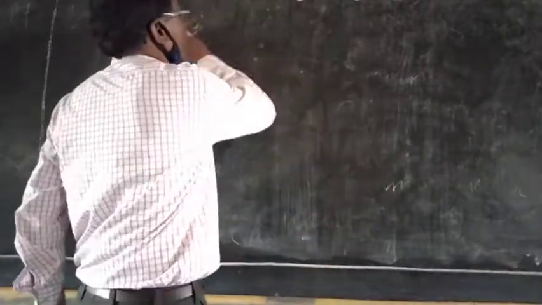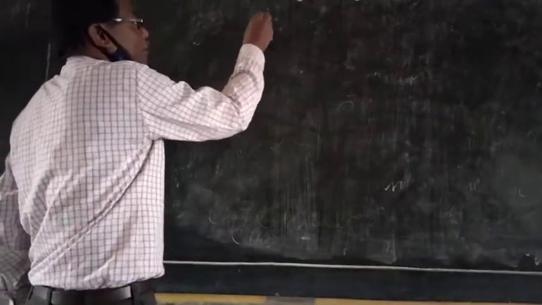What were the feudal levels? First, the emperor.